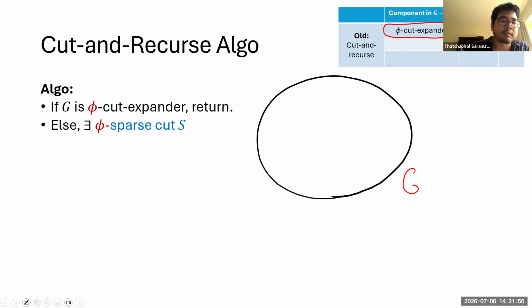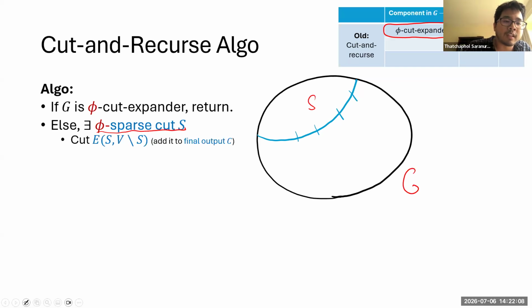Otherwise, it's not a cut expander, which means that there must exist a phi sparse cut S. So you find this cut S, and then you just add the edges across the cut to your final output C. Then you just recurse on both sides of the cut.